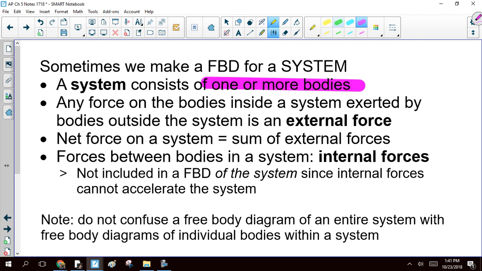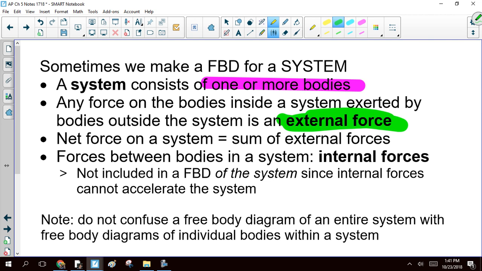Any force on the bodies inside a system exerted by bodies outside the system is what is called an external force, all right? So if you've got a system, a collection of objects, and then an object that is not in that system exerts a force on one of the objects in the system, that is called an external force, okay?